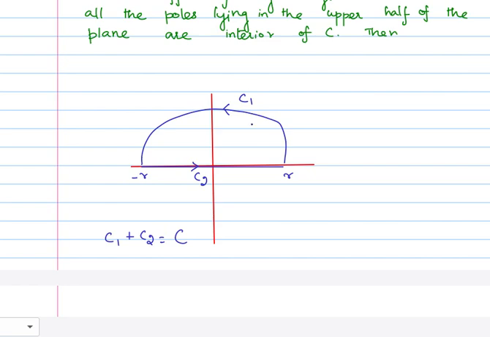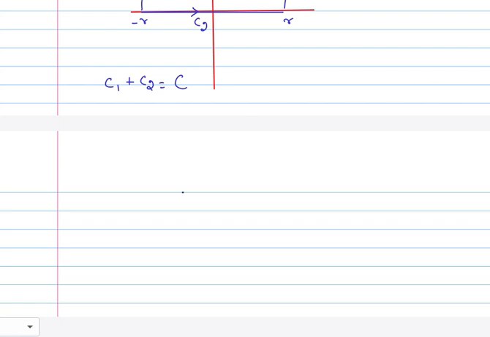So now I can use the Cauchy residue theorem. That is my aim. So that means the integral over C of f of z dz is equal to the integral over C1 of f of z dz plus the integral over C2 of f of z dz.